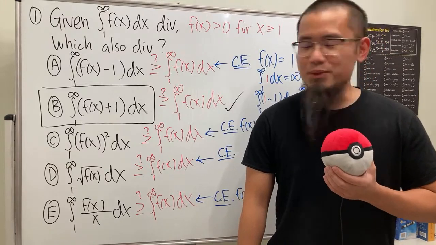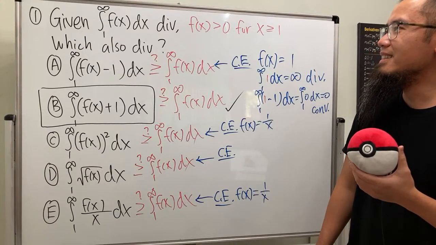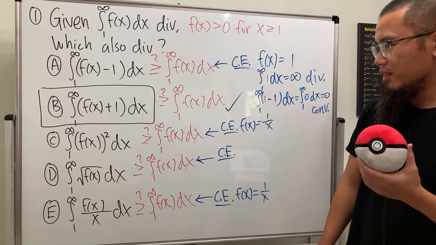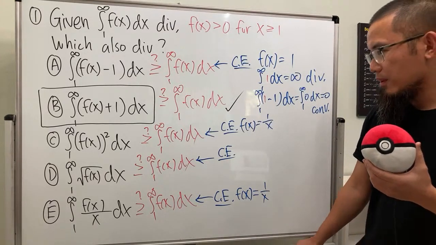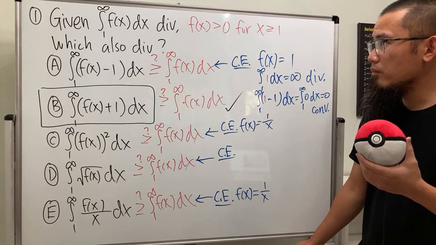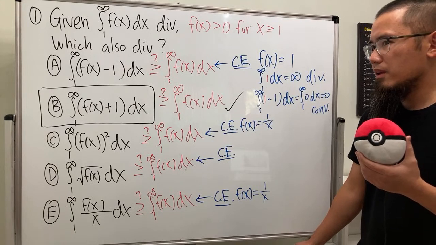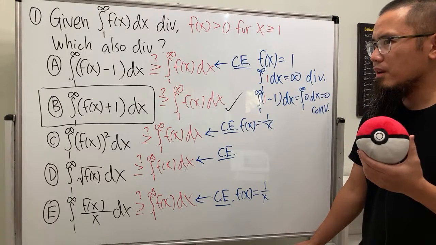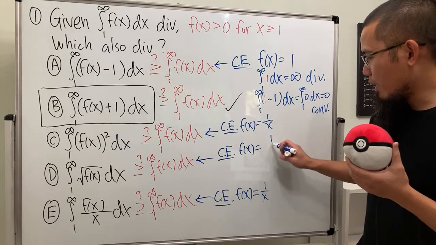You know, all of a sudden I don't have an example in mind. I don't know why. Let me see. We want that to diverge, and then I think this one will work. F of x equals 1 over x.